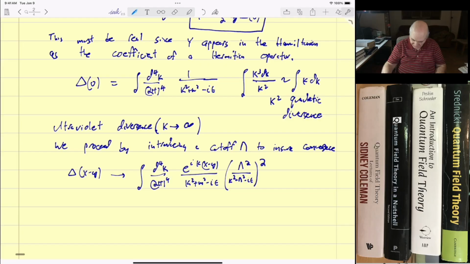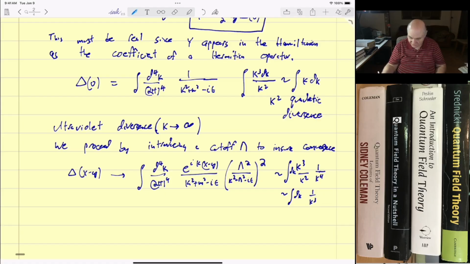So now we'll have something that goes like the integral of k cubed dk, k cubed divided by k squared, and then a 1 over k to the 4th. So this is about integrating like 1 over k cubed, which will clearly converge.